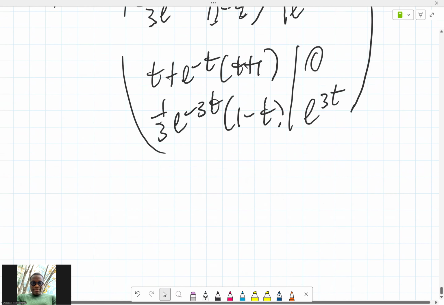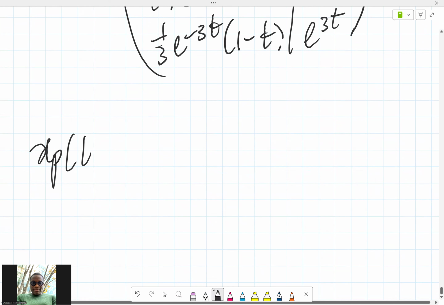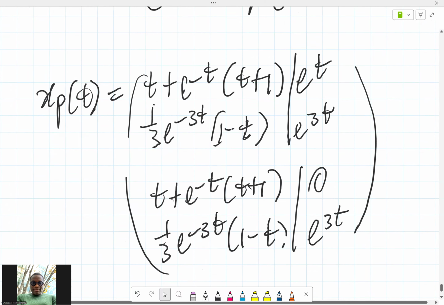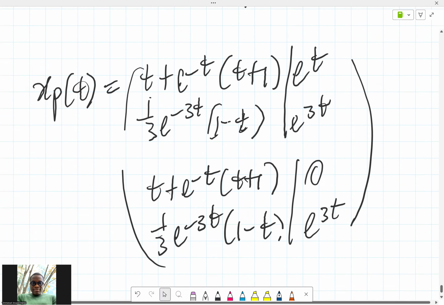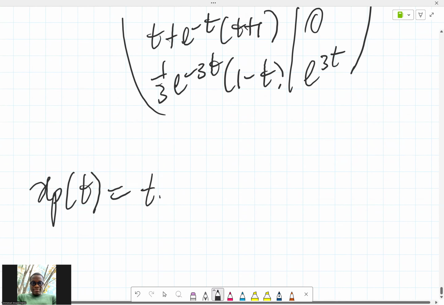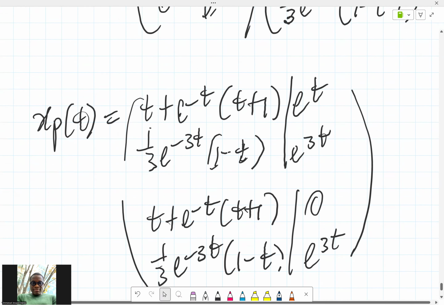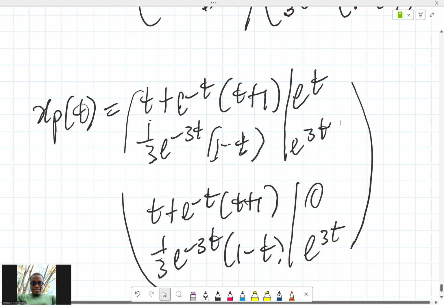So we can then have our xp of t equal to, for the one at the top, t e raised to power t, and e raised to power minus t cancels out. So we just have e raised to power t replacing it.